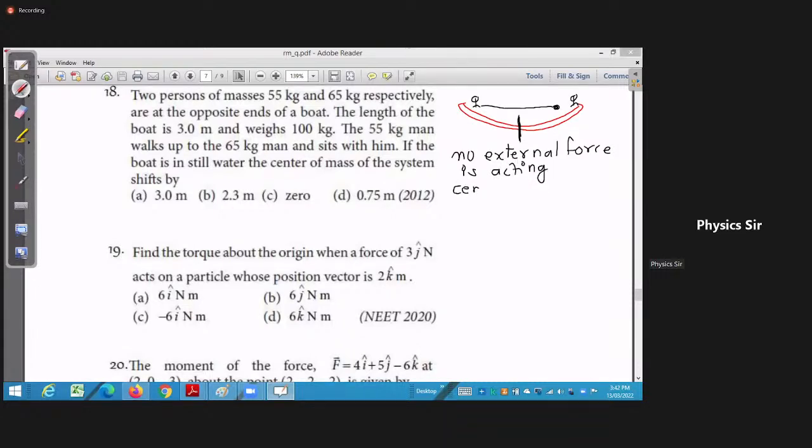Center of mass remains the same. If no external force is acting, then the center of mass remains the same. Understood? So there will not be any shift in the center of mass. The center of mass will remain at its previous location.